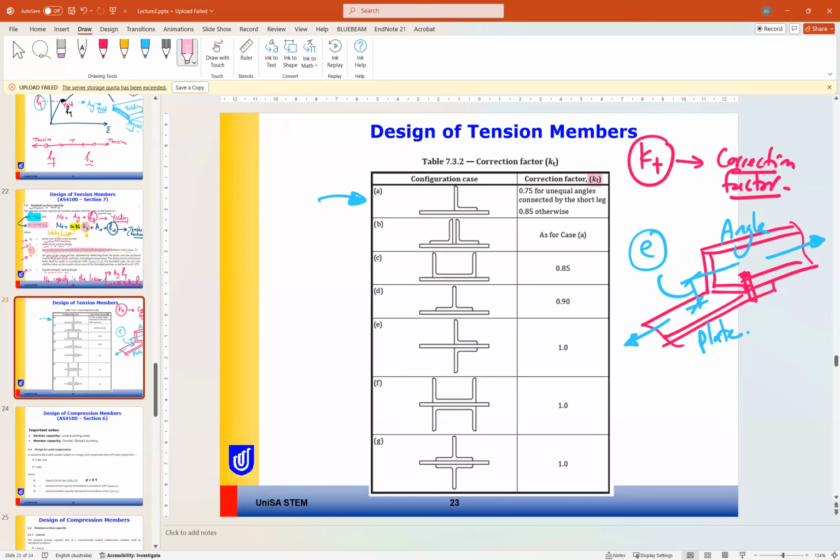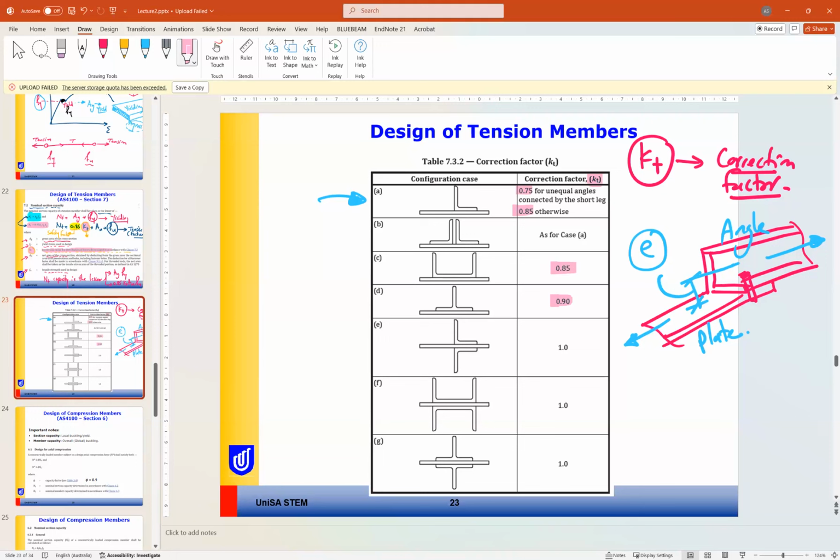So the factor Kt for angles: one angle is 0.75 for unequal angles, and 0.85 for other cases. For example, if you have a T section connected to a plate, it is 0.9. If you have a channel connected to a plate, it is 0.85.